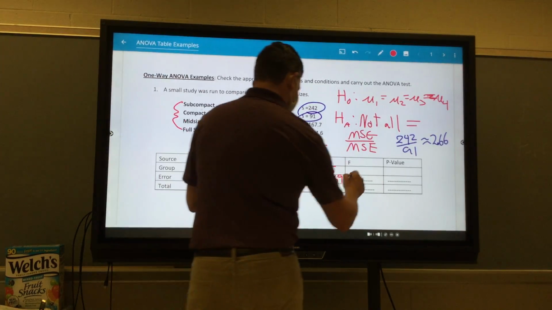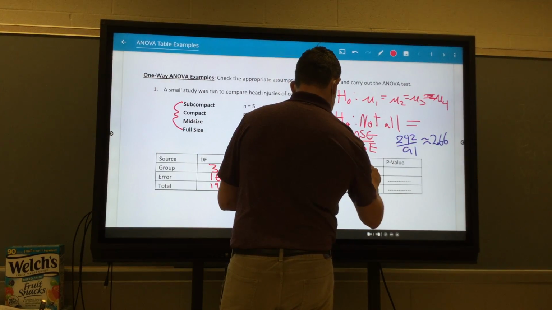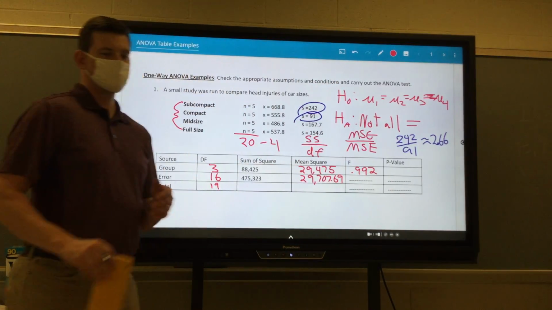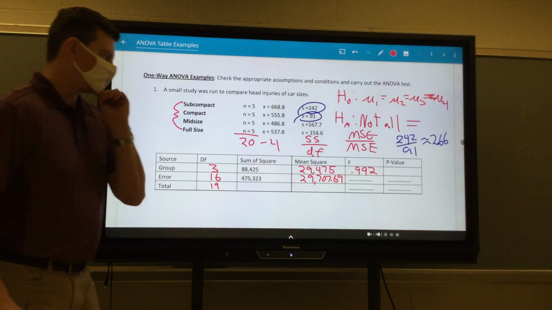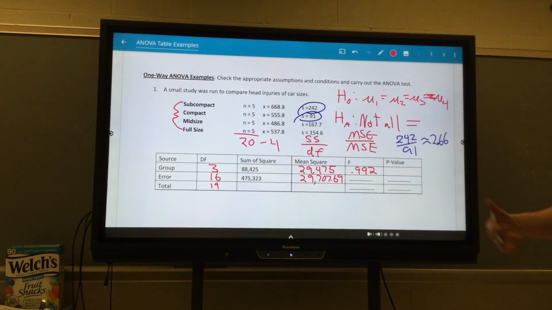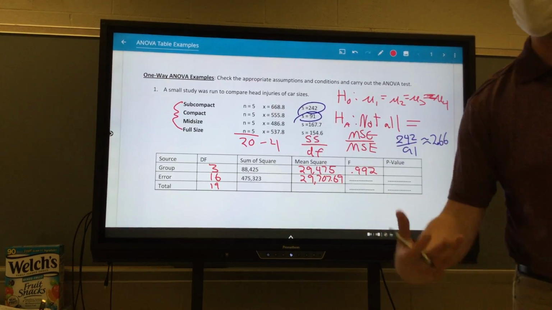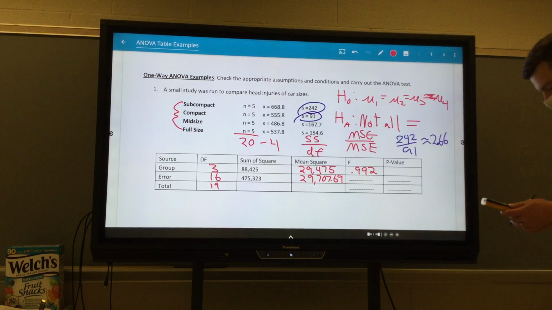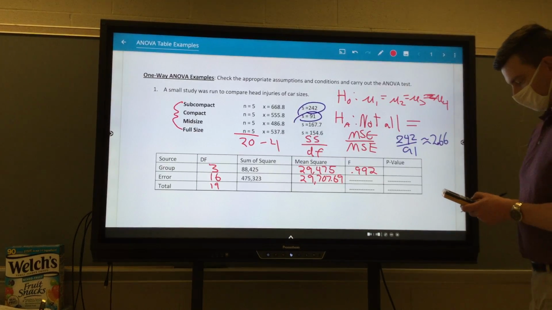Means that we have an F statistic of 0.992. And as you can imagine, this p-value is probably not going to be that small.